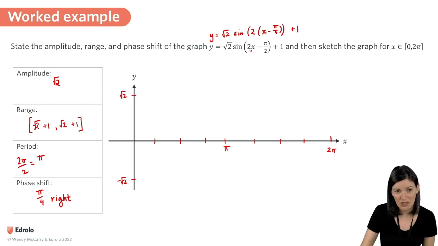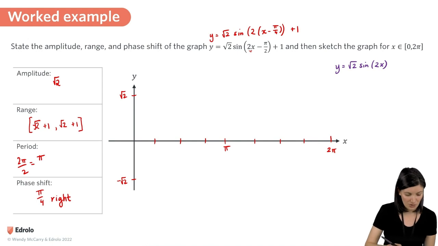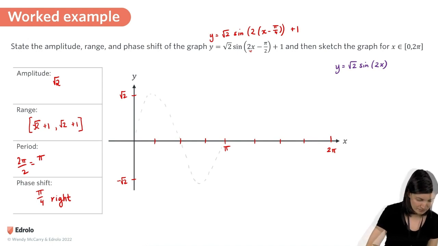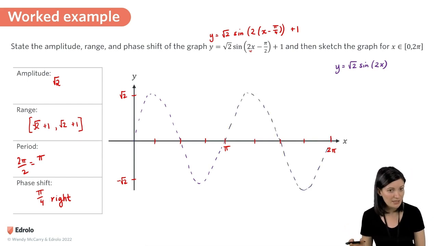The first version I'm going to draw is just y equals root 2 sine of 2x, no translations. So that would just look something like this. There's my first cycle between 0 and pi, and now I'm going to draw the second one. Okay, step 1 is complete.